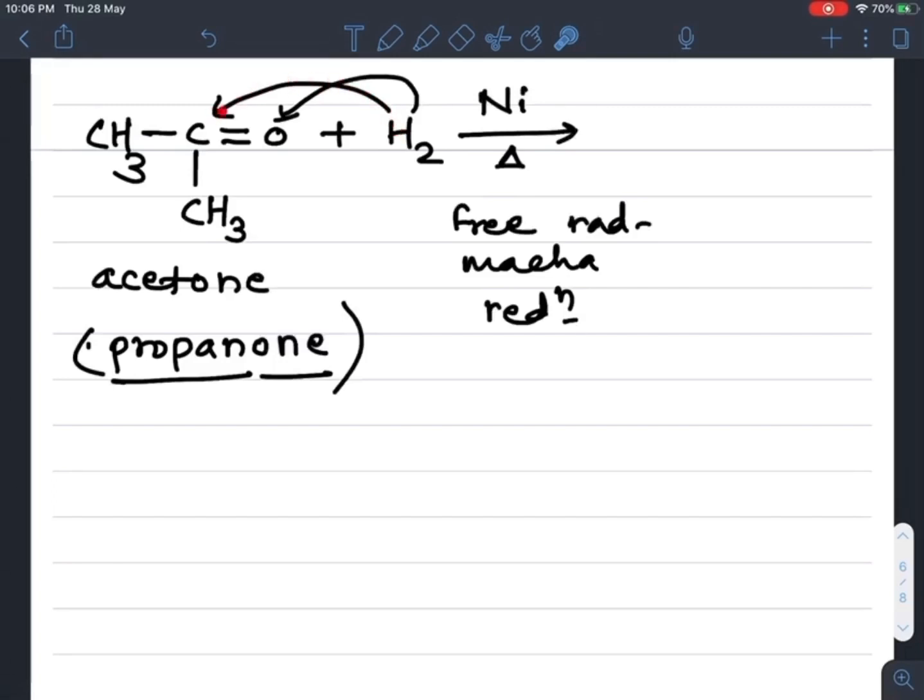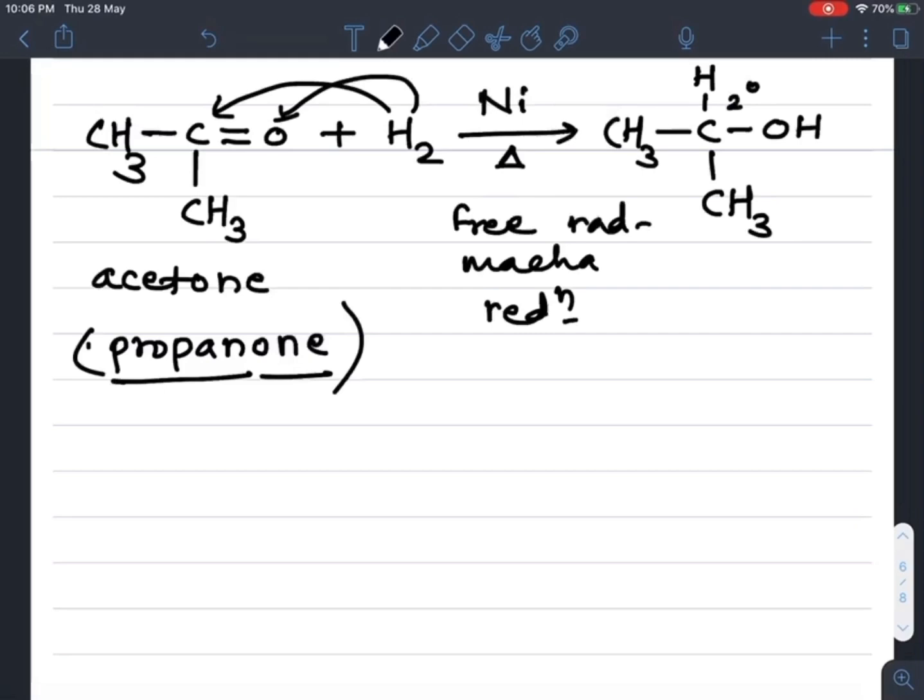One hydrogen is added to this carbonyl carbon, the other hydrogen is added to the carbonyl oxygen, and what we get as the product? Here CH3 as it is, here CHOH. Now you observe the functional group of this alcohol. Here CHOH. CHOH is the functional group of which type of alcohol? Secondary alcohol. So we get a secondary alcohol.